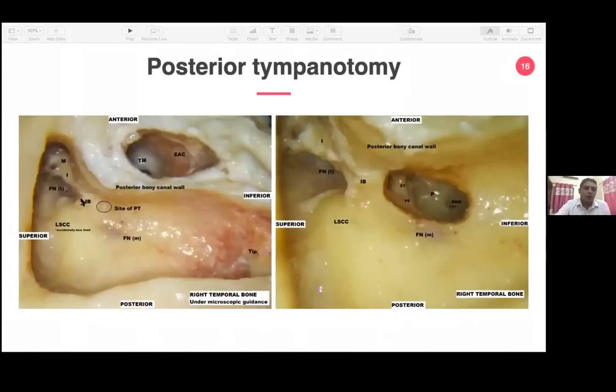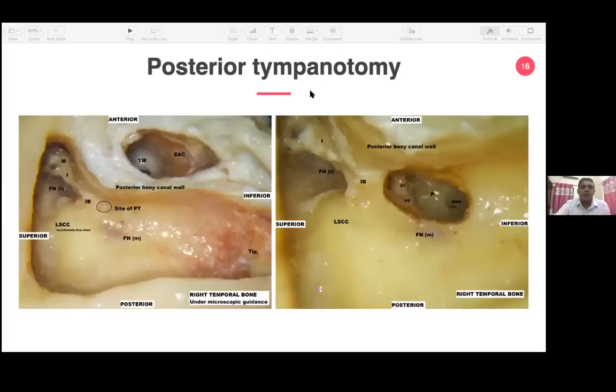Now we know the landmarks for the facial nerve here, and we can expect the facial nerve here. So where to do a posterior tympanotomy? Tympanotomy means opening of the tympanum, and tympanum means middle ear. If you attack the middle ear from the posterior, that is the mastoid portion, that is called posterior tympanotomy.